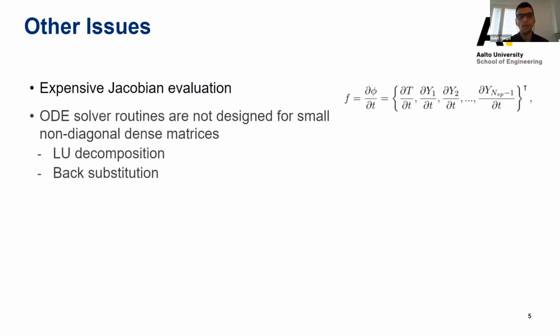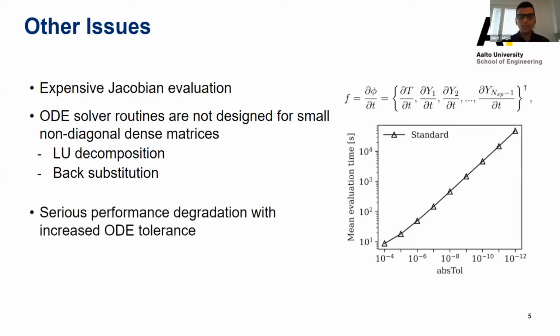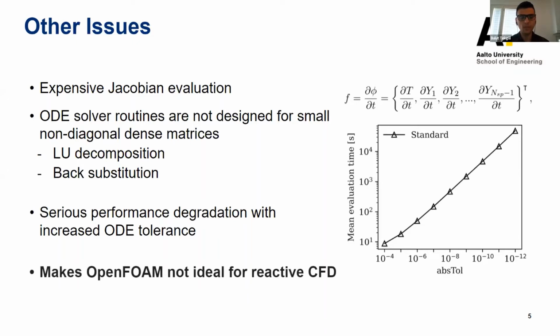The ODE solver routines are not really designed for small non-diagonal dense matrices, because the chemistry problem is usually a dense, non-diagonal, stiff matrix, and the ODE solvers built into OpenFOAM are not designed to handle these types of matrices. Especially operations such as LU decomposition and back substitution are problematic. This leads to serious performance degradation with increased ODE tolerance. When you tighten your tolerances to get better accuracy, the evaluation time of chemistry skyrockets, as you can see in this figure. Overall, this makes OpenFOAM not ideal for reactive CFD.